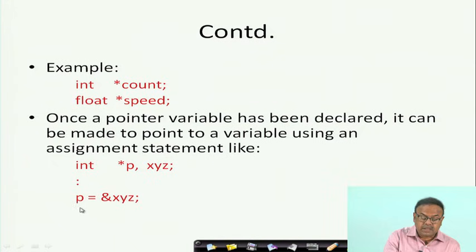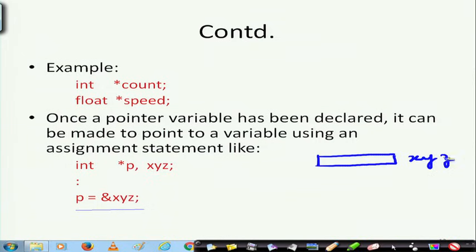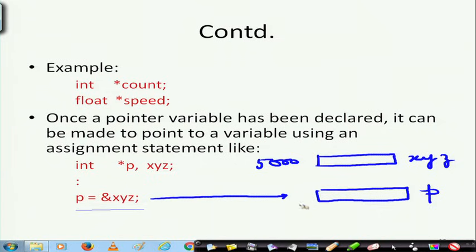If I make such an assignment, p is assigned the address of xyz, so xyz is here and its location can be 5000 and p is a pointer variable. When I do this assignment, p might be in location 7000, but what it does is it loads this 5000 here. So, now p is pointing to xyz. I hope it is clear now.